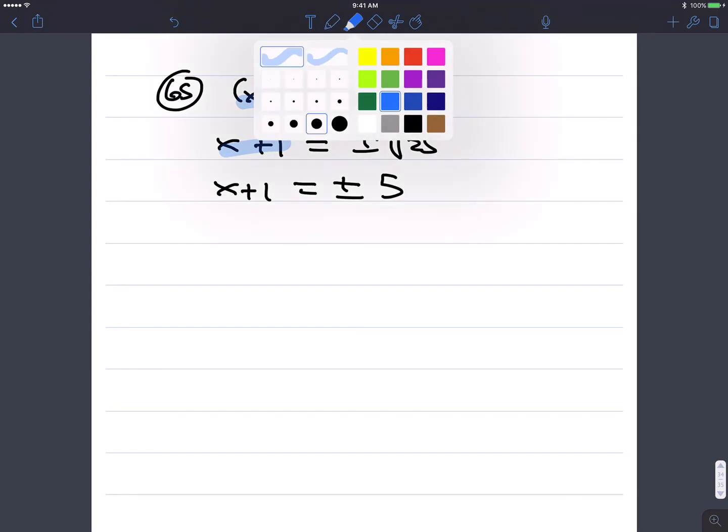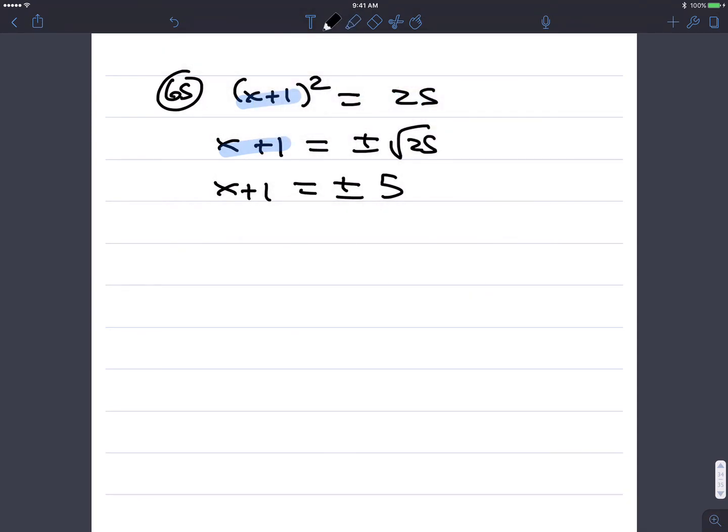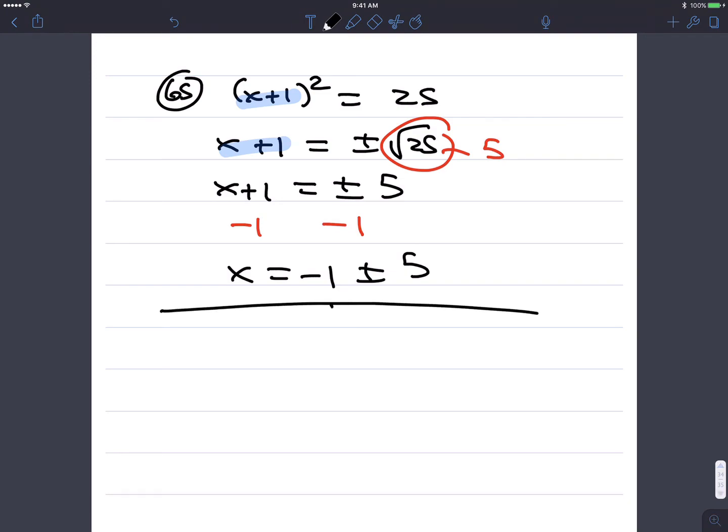Okay? Let's focus on this. This number is 5. Now, subtract 1 from both sides. You end up getting x is negative 1 plus or minus 5. And again, that means two things. X is negative 1 plus 5, or x is negative 1 minus 5.